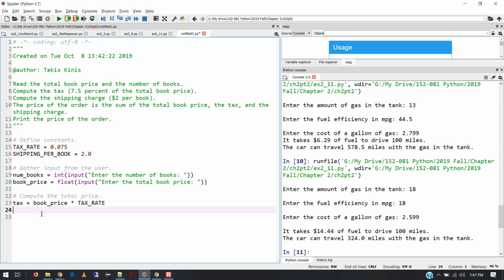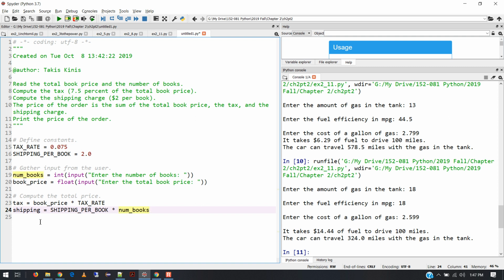All right. So I got the tax. That's great. Now what? Should I figure out the shipping? Shipping per book times num books.